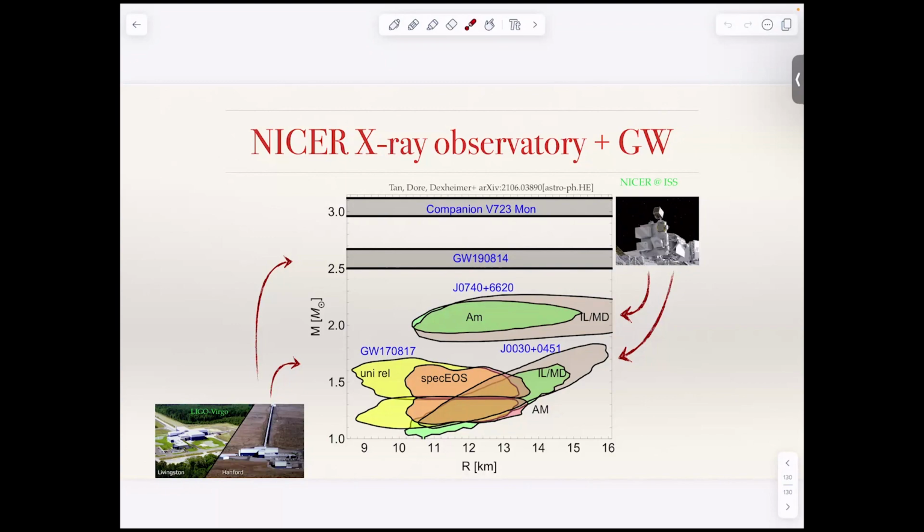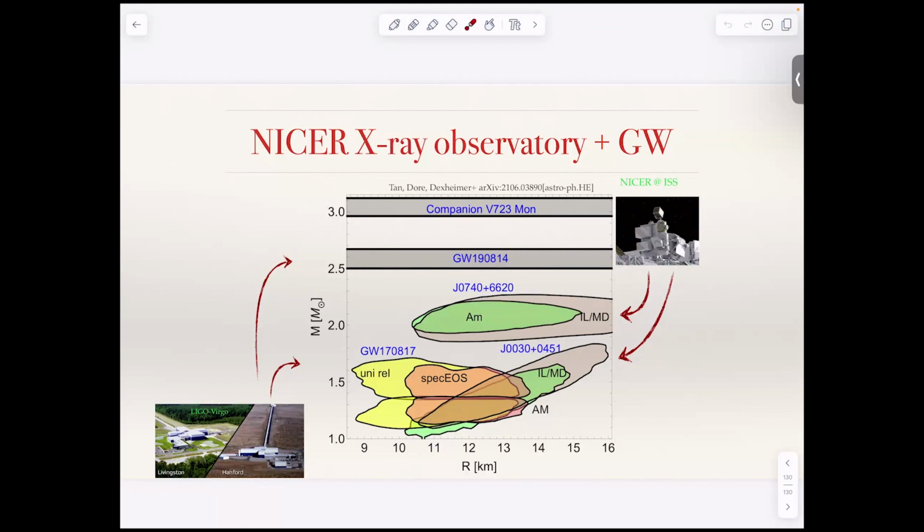Well, one kind of data which are very accurate are coming from radio astronomy, and these are the lower limit of the maximum mass.